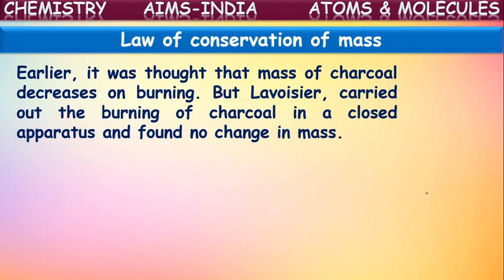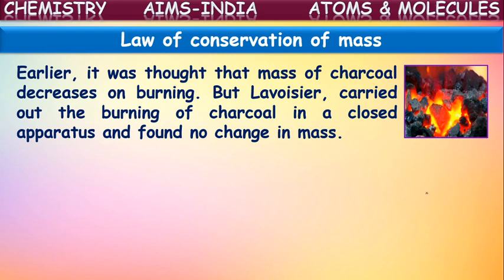Earlier it was thought that the mass of charcoal decreases on burning. Before his proposals like the law of conservation of mass, they thought that in some chemical reactions the masses of the substances decrease, and in some chemical reactions the masses of the substances increase. For example, take the burning of charcoal. Before burning, charcoal has some mass.